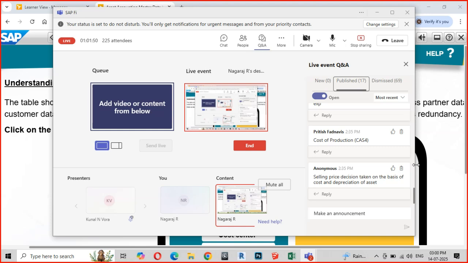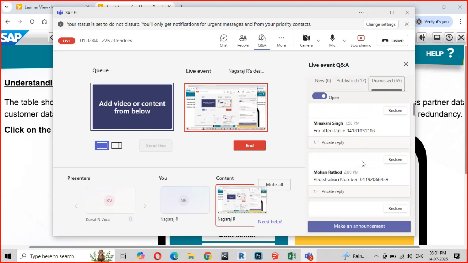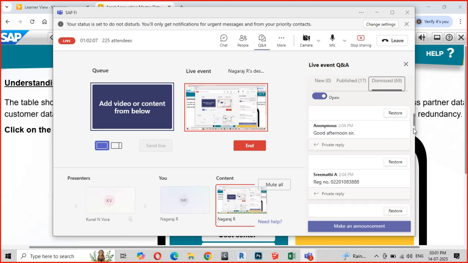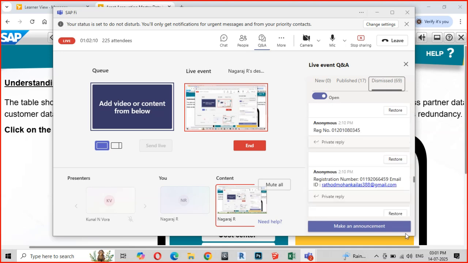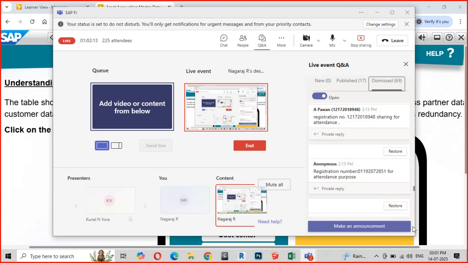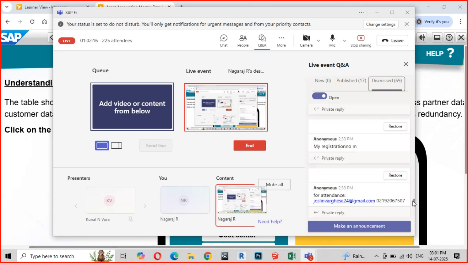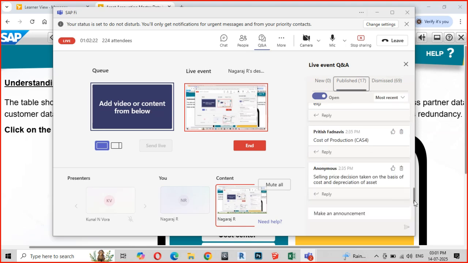Did you find something in? Sir, right now there are no questions, but I have posted the reply to the previous question which you have asked. All right. Thank you, Kunal. Most welcome, sir. Now just trying to ask them how the session is going on as far as the subjects today are being discussed.